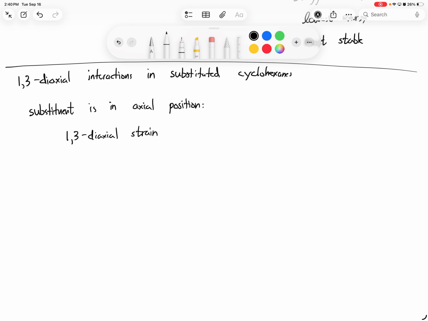All right, so let's draw our chair structure again, and we're going to use the same numbering scheme that we saw before. Okay, so I'm going to draw all the bonds. CH3, H, H, H. I'm just going to draw them on the ends here, not at the center, just for clarity.